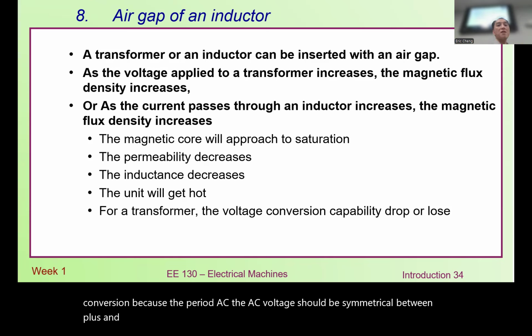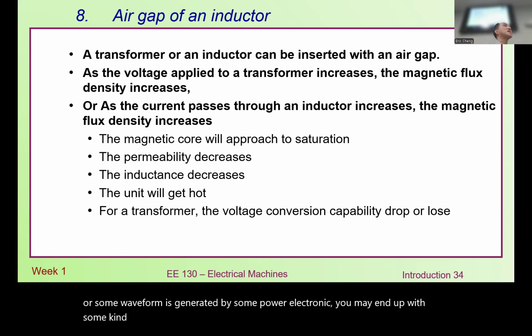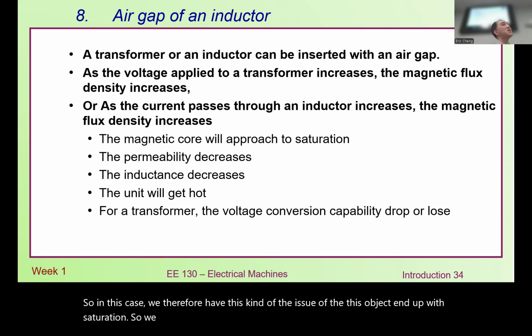However, if some system is not controlled properly, or the waveform is generated by power electronics, we may end up with some kind of DC offset. In this case we have the issue of DC offset ending in saturation, so we use an air gap to eliminate that issue.